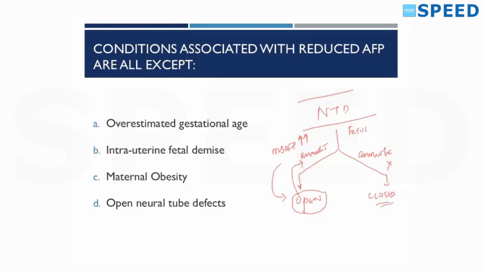So the option D remains a straightforward answer, as this situation is associated with an increase in alpha fetoprotein levels, and the rest of the situations are associated with a decrease in alpha fetoprotein levels. Now, when you talk about conditions associated with elevated alpha fetoprotein levels, you will have a hell of a lot of differential diagnoses. But conditions associated with reduced maternal serum alpha fetoprotein levels are very few to be remembered.